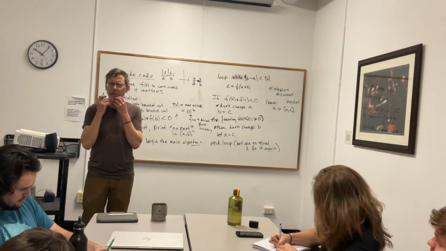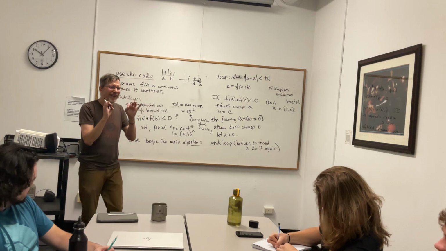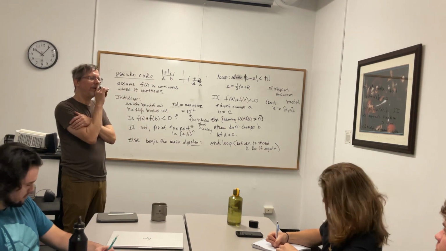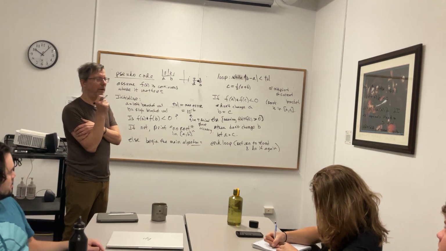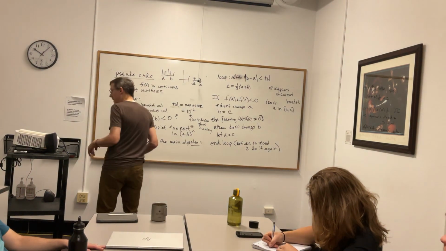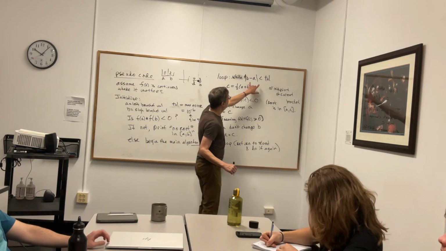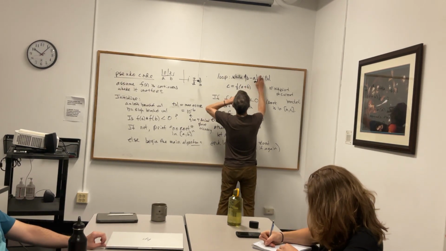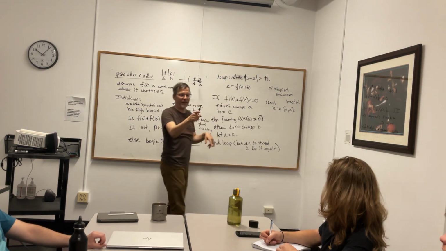Does that sound okay, Lou? I just noticed your brows were a touch furrowed. No, I was just trying to remember how while loops work, because I couldn't remember if it's while the condition is true or false, because we're stopping once it's less than the tolerance. Yes, so it would be while the difference is greater than tolerance. That's the way to do it.